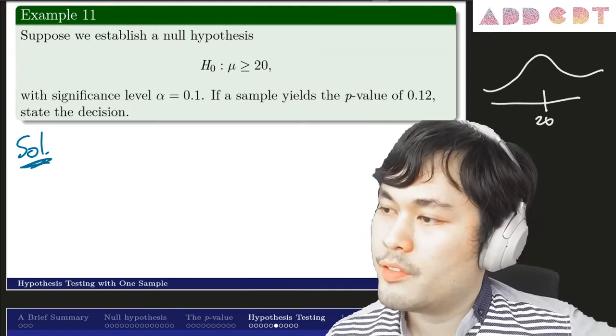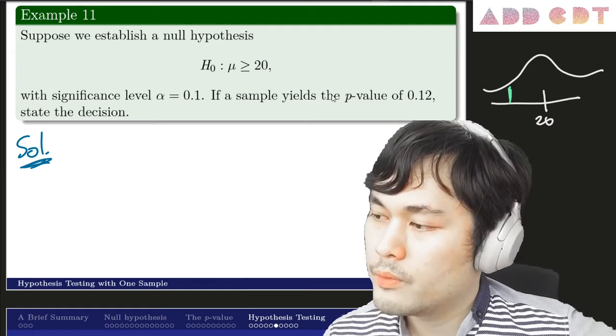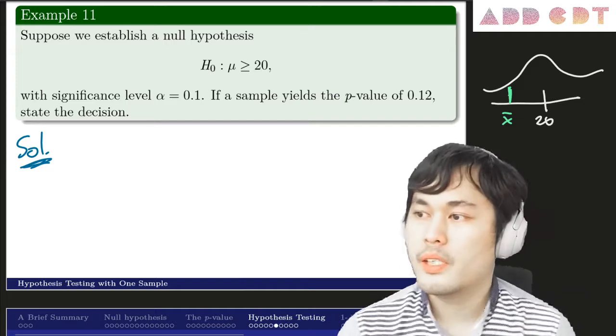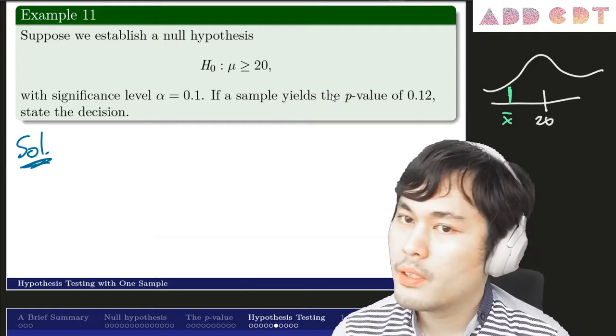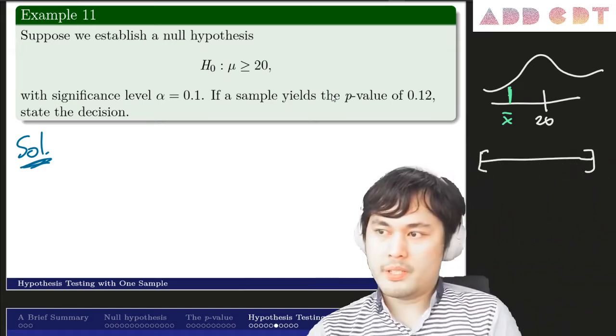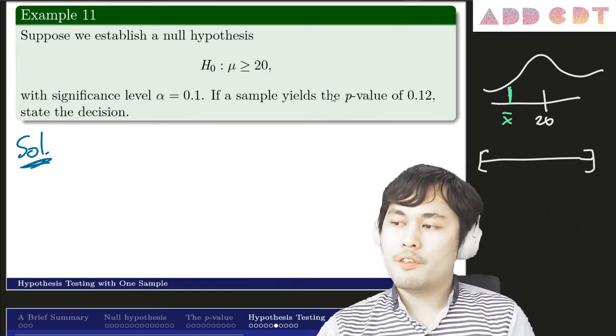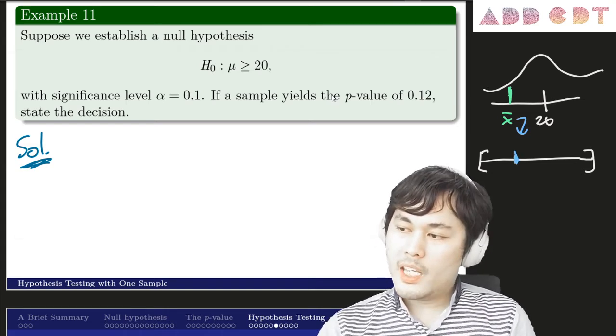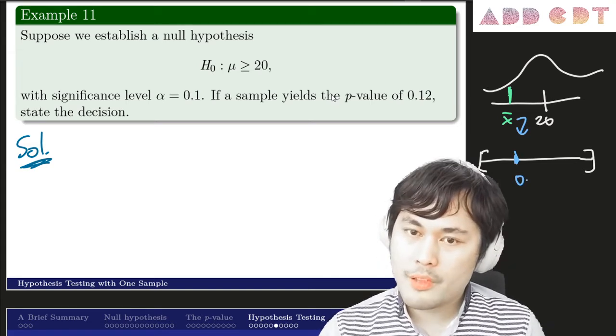It means that if the value falls too low, we're going to reject it. From that number, we get what we call the p-value. In this case, it gives a p-value of 0.12.